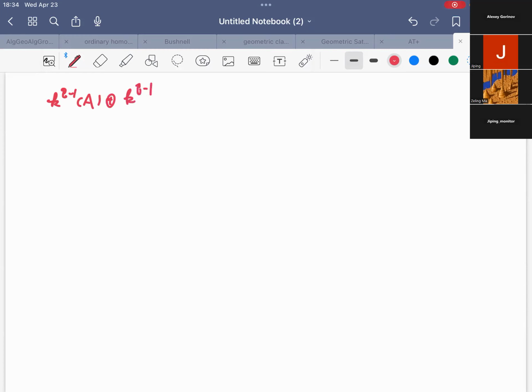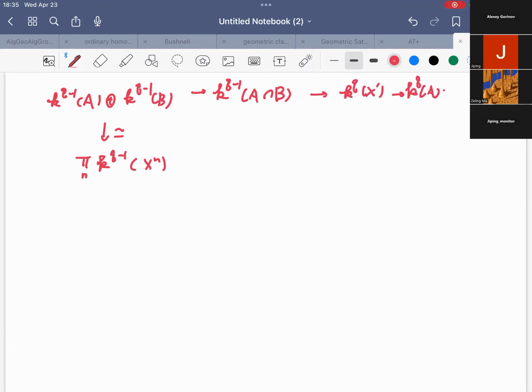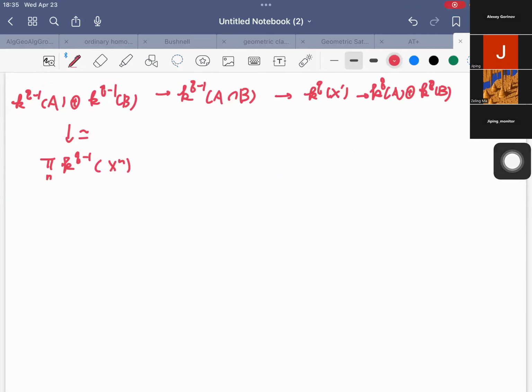This is also A and B. This is an isomorphism to the product, Q minus 1.